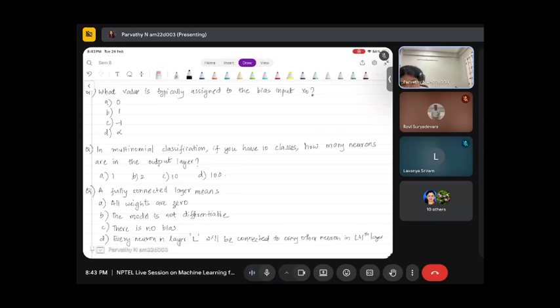Yeah, so a fully connected neural network will have all the neurons connected to each other.